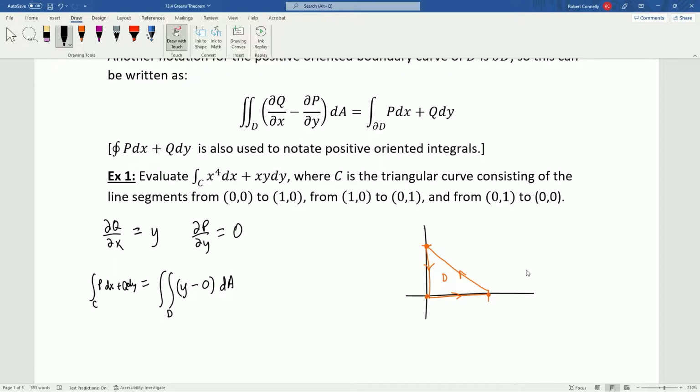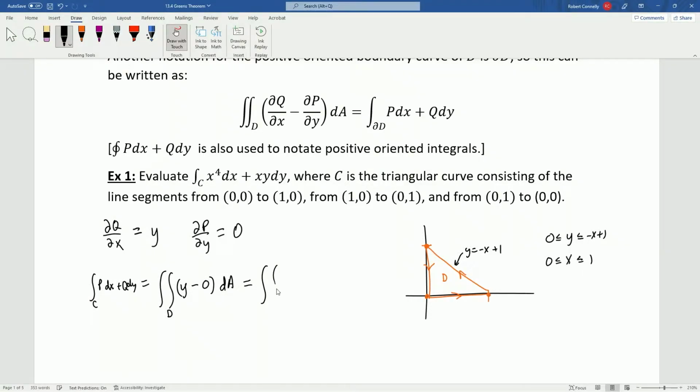But this is great because this region is one that we can pretty easily set up a double integral for. So this upper boundary here would be y equals negative x plus 1. So we can set this up as the integral for y from 0 to negative x plus 1 and x from 0 to positive 1.